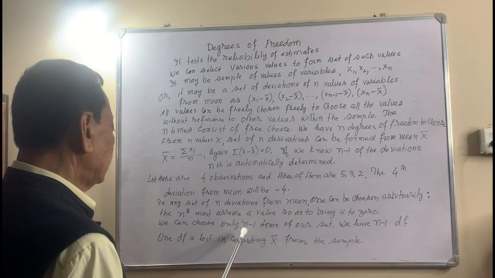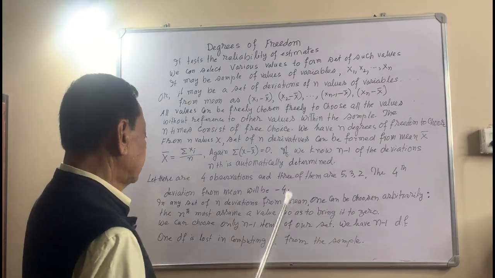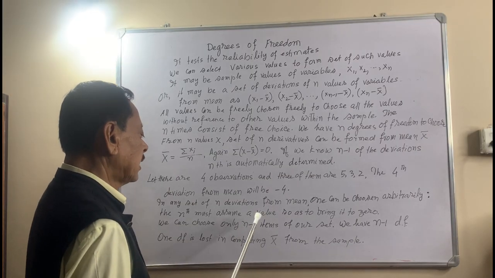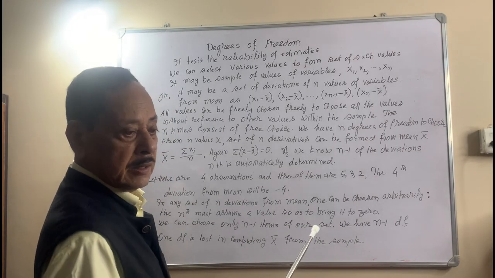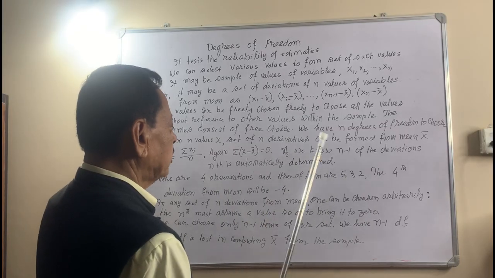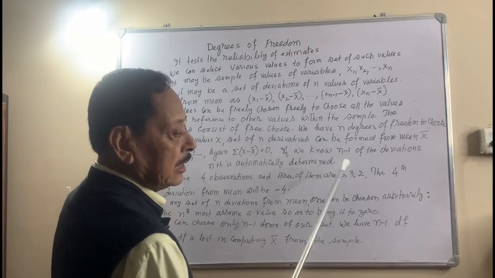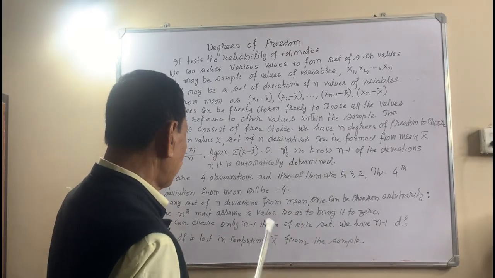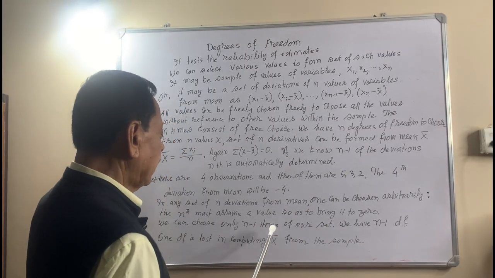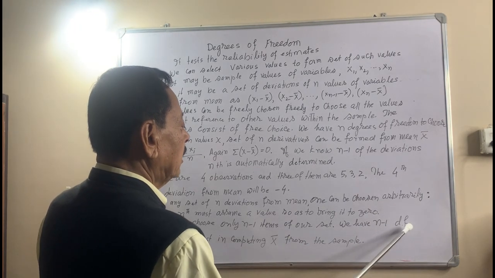We can choose only n minus 1 items of our set. In the set we have 4 observations, so we can choose only three; we cannot change the earlier others. So we have n minus 1 degrees of freedom.